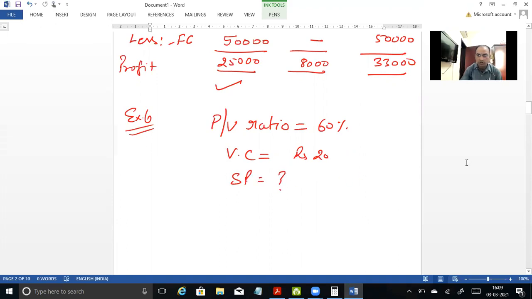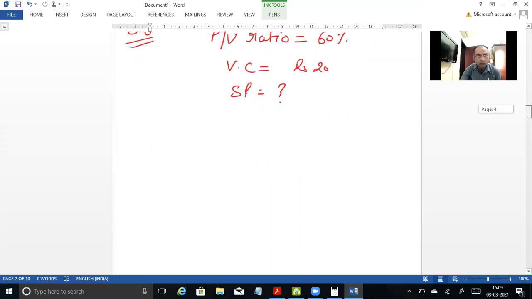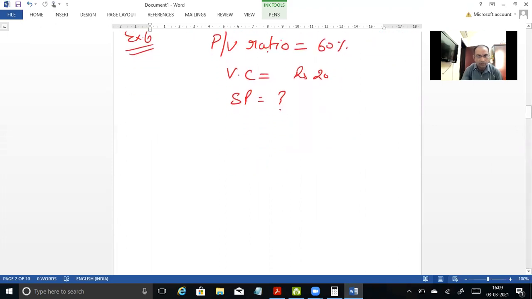So in such a question, how do we proceed? First of all, you see what they are giving: PV ratio, and what value they have given us, only variable cost. So we know this thing: in any condition, if the PV ratio is 60%, automatically your variable cost ratio would be 40%.